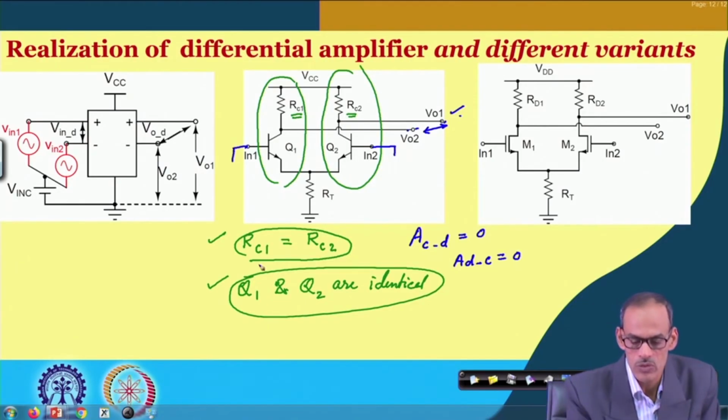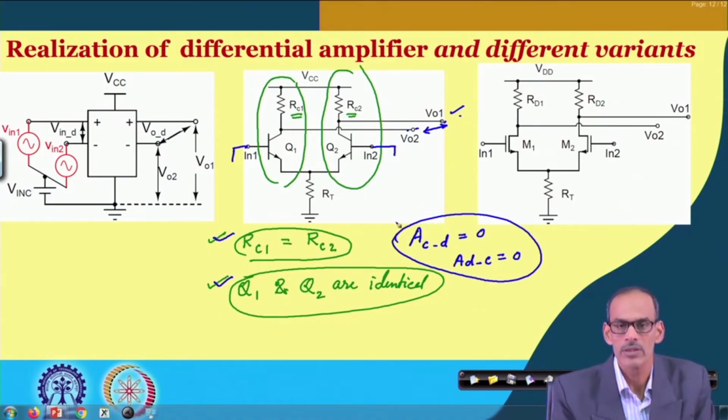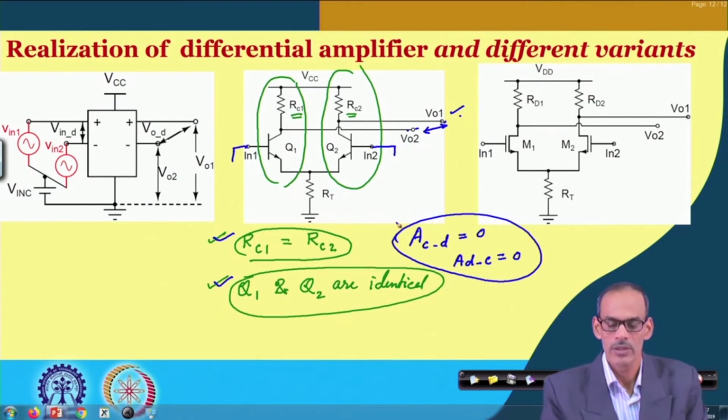So, these two matchings are very important to keep the other parameters equal to 0.